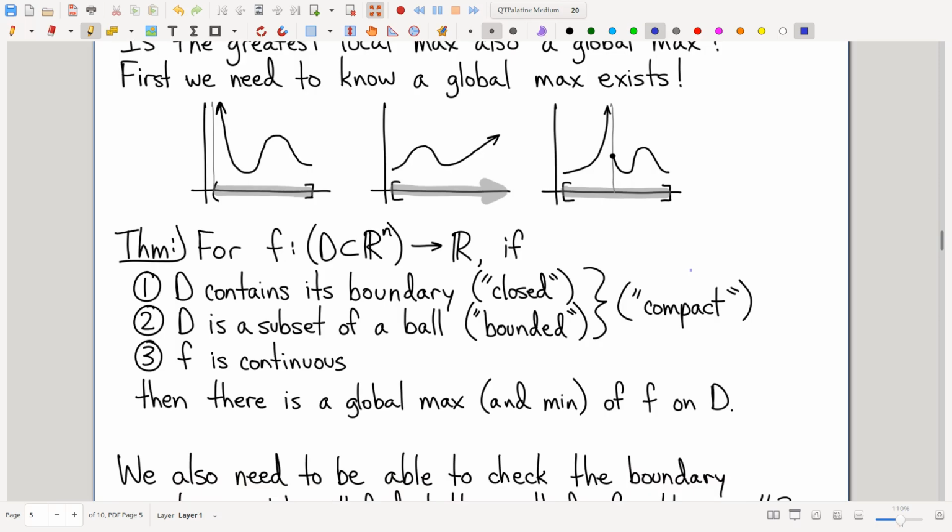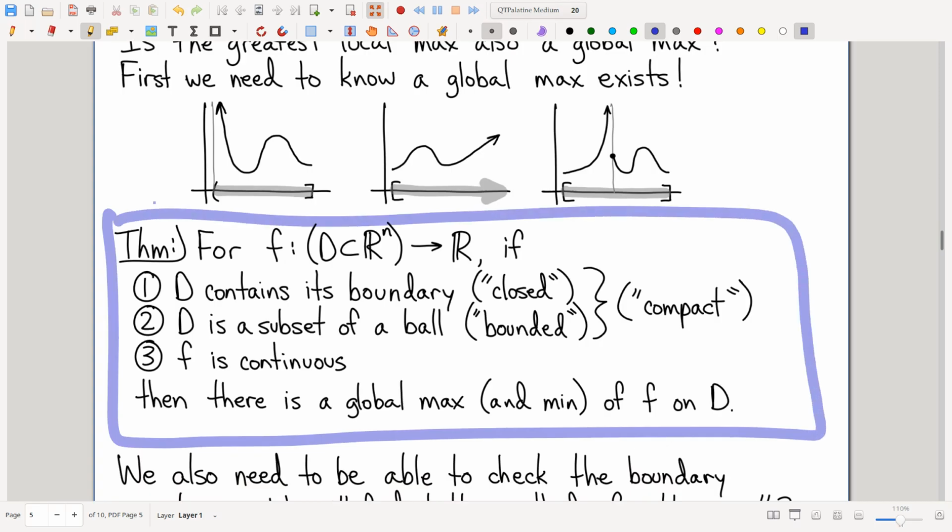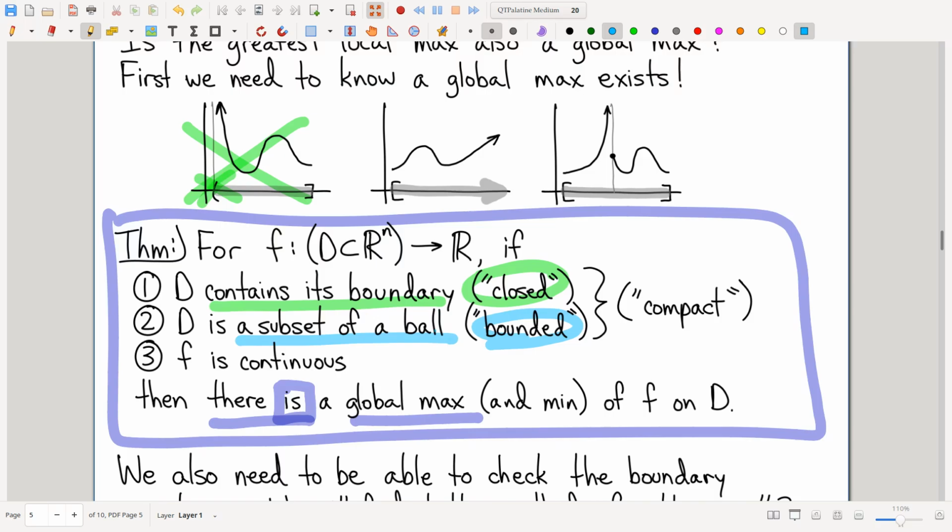Right. So here's a wonderful theorem, really nice theorem that will allow you to conclude under certain conditions that there is a global max of a function. And the three conditions are as follows. The domain is closed, namely it contains its boundary. Notice that was kind of the issue here. That's ensuring that this story in the left picture there doesn't happen. If the set is bounded, in other words, if you can put it inside of a box or a ball, whatever, that would ensure that this little story here doesn't happen, right?